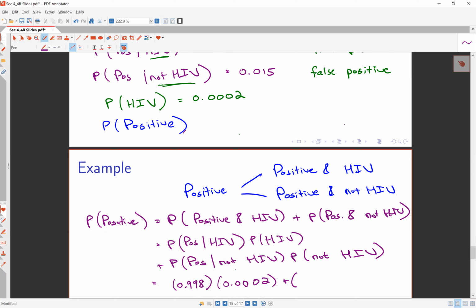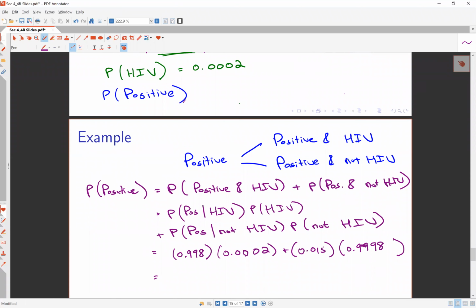So given that you do not have HIV, the probability of a positive test result is only 0.015. And what's the probability of not being HIV positive? Well, this is clearly the complement of being HIV positive. So it would be 1 minus 0.0002, which gives us 0.9998.